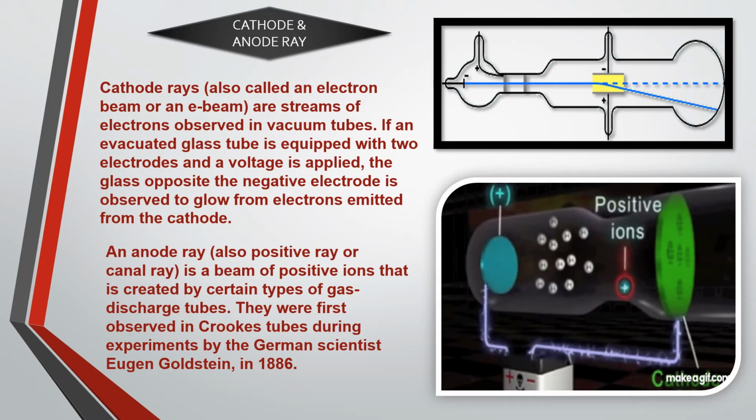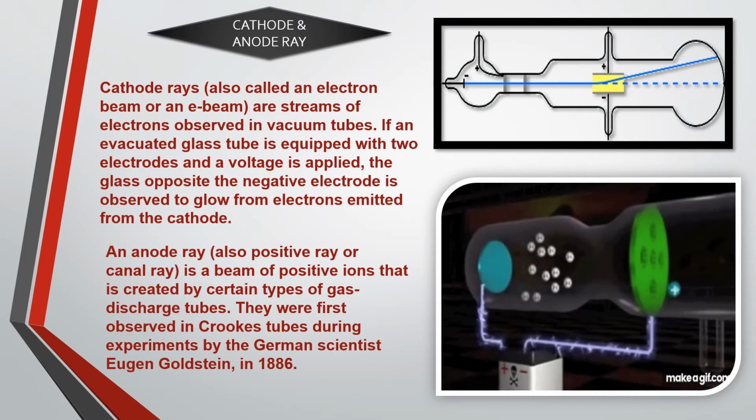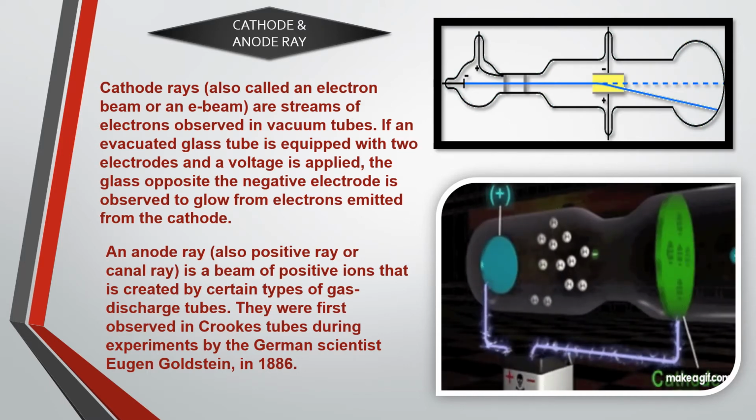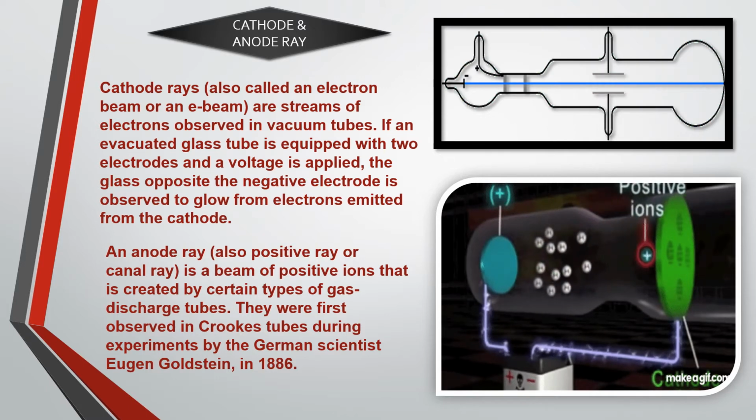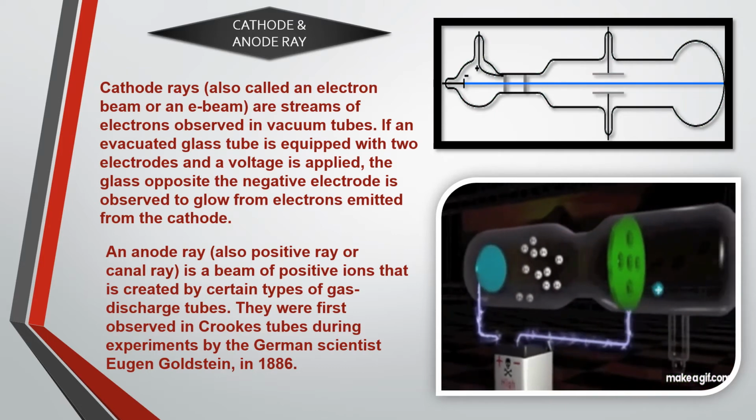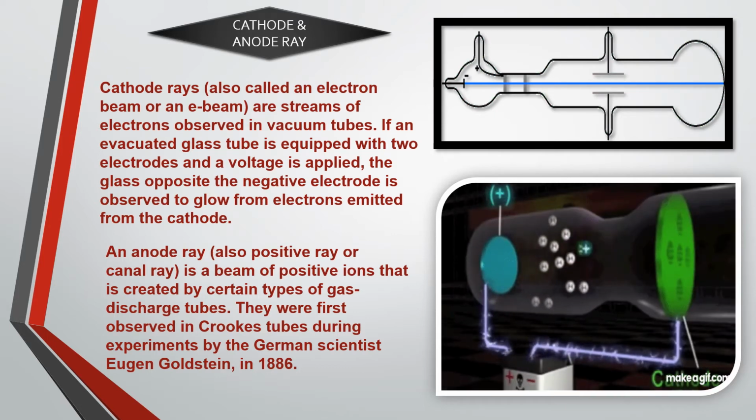So atom is electrically neutral. It contains negatively charged electron. After the invention of electron, scientists thought that there are negatively charged electrons in an atom. But atoms are ultimately neutral.